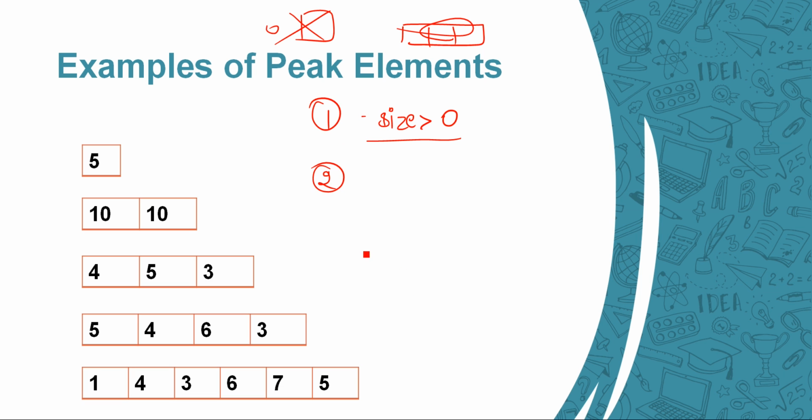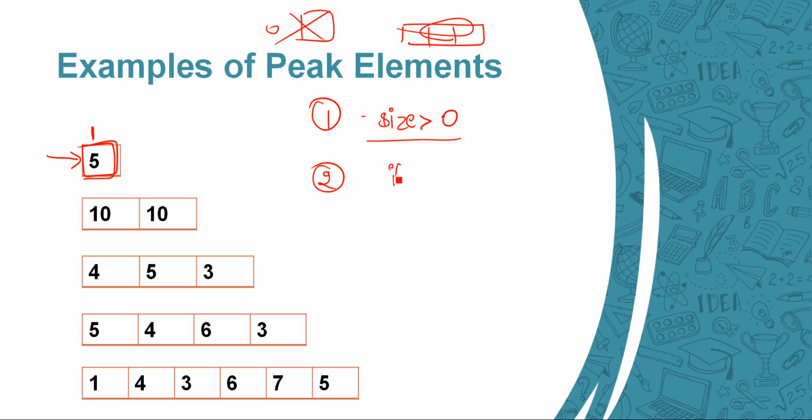What will be the second condition? The second condition would be that if the array has only one element, the size of the array is 1, in that condition that element is ultimately the peak element, right?